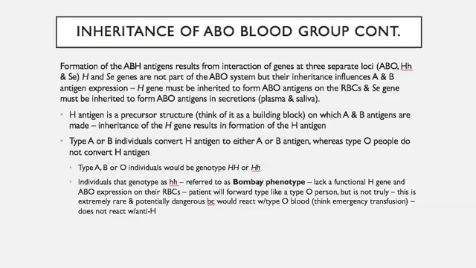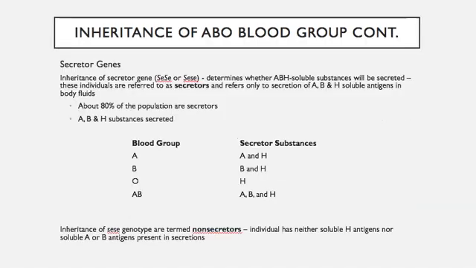That would be picked up in the reverse type. So you would have a forward type and a reverse type that don't match, that show a discrepancy. That would be one of the first indicators that you might have a Bombay type person.